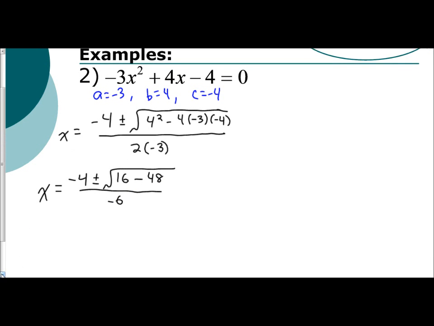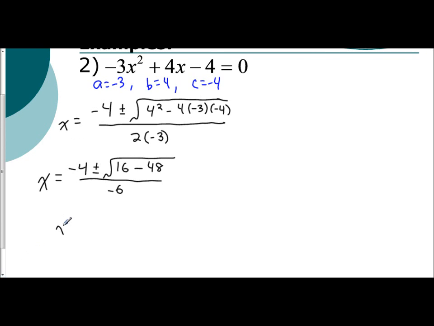Keep on simplifying. You get x equals negative 4 plus or minus the square root of 16 minus 48, which is negative 32, over negative 6. So we're going to simplify the square root of negative 32. First off, I'm going to take out the negative and turn it into an i.